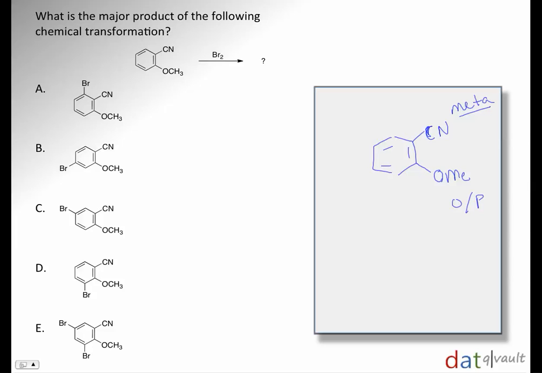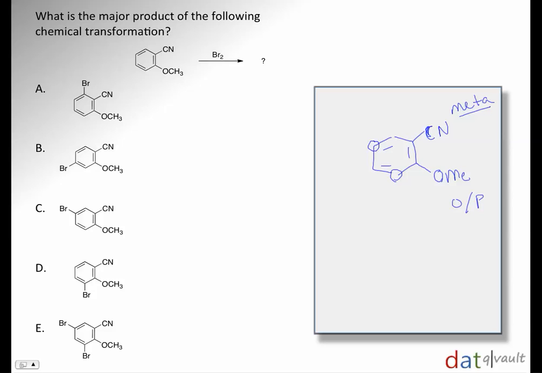So now I want to actually circle the places on this aromatic ring that are going to be most favorable to actually substitute. So let's start with this ortho para director. Here's the para substitution to this methoxy group, and here is one of the ortho positions.